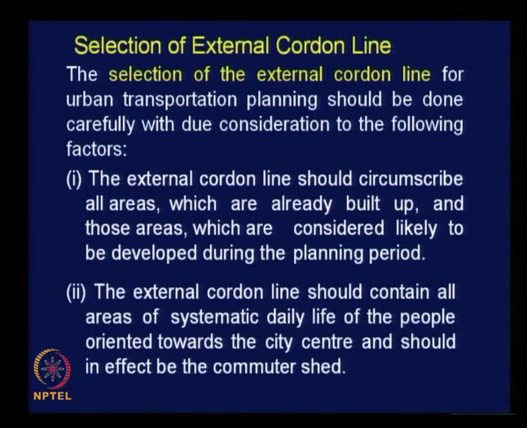And a second important point, the external cordon line should contain all areas of systematic daily life of the people oriented towards the city center and should in effect be the commuter shed, right. It should include all areas that contribute for the systematic daily life of an urban area.